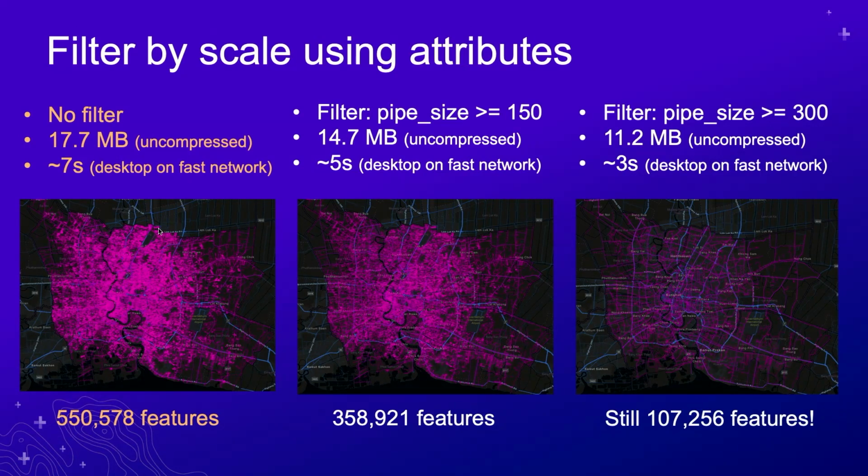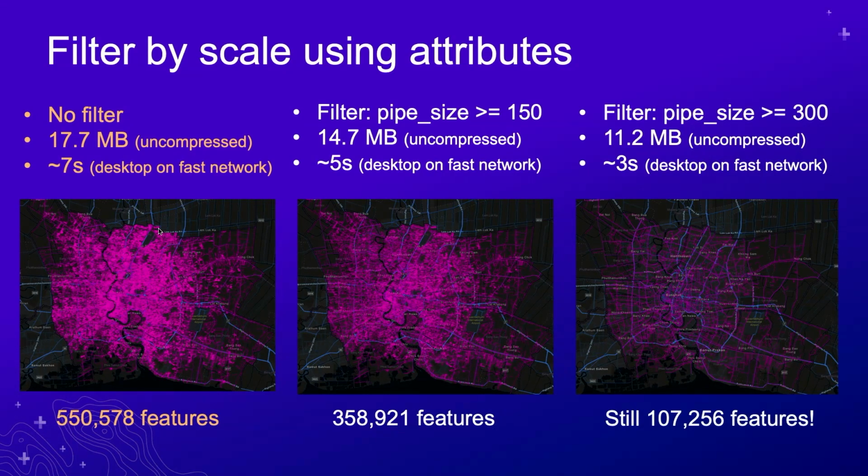So in this particular case, we have the pipe size. In theory, the wider the pipe, we could think about it like a water main. If we compare it to a highway or road system, there are fewer of those, and they may make more sense to view at these smaller scales versus every tiny little pipe that we can fit in there.